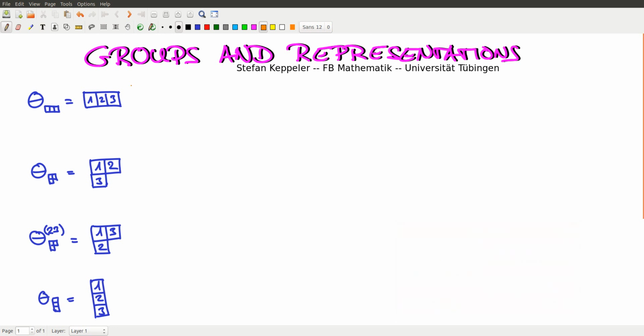Here we see the standard tableaus for S3, and we want to determine the corresponding Young operators. So in this first case here, just one row. Let's see what are the horizontal permutations. Well, all permutations are horizontal in this case here.